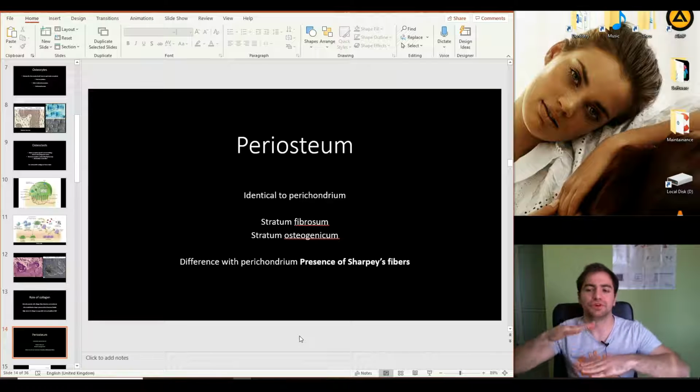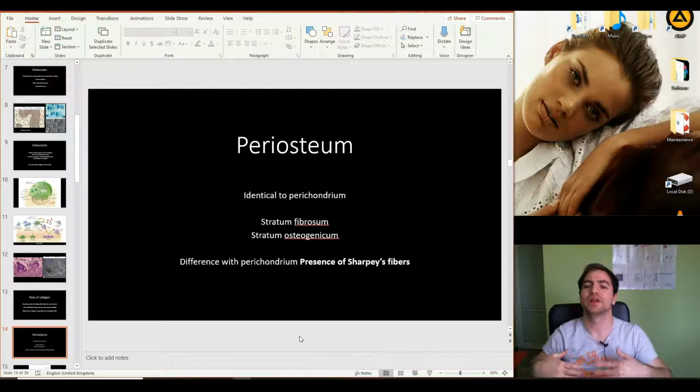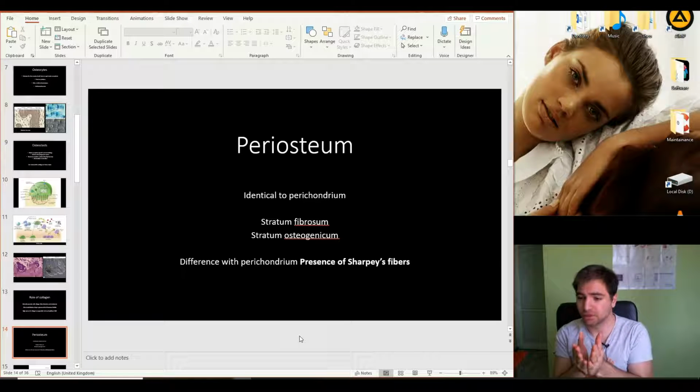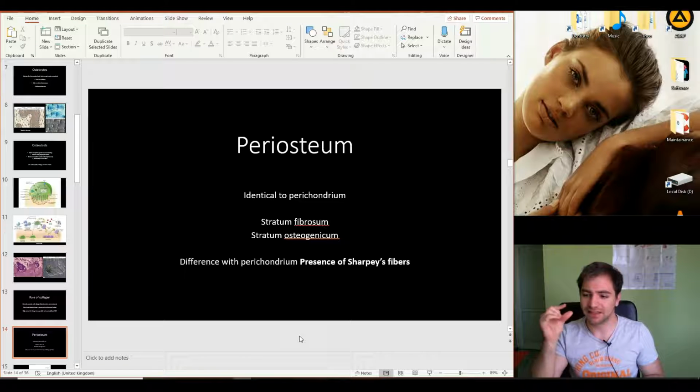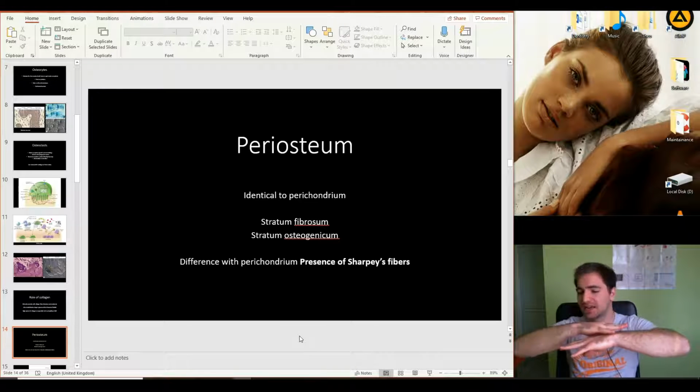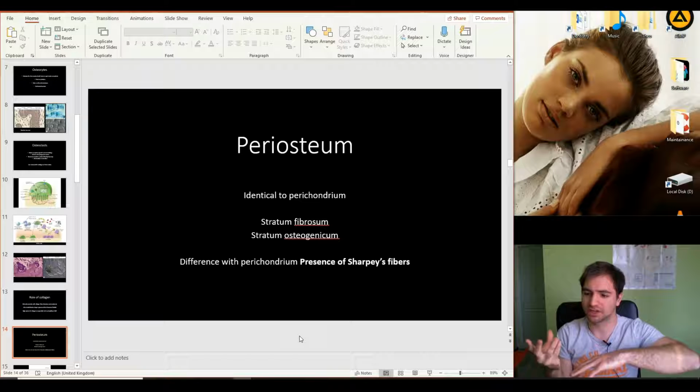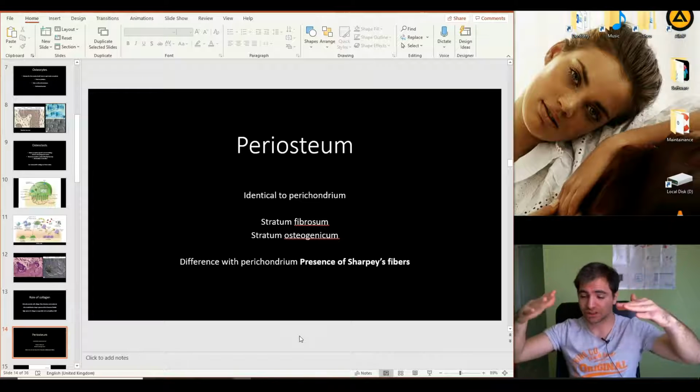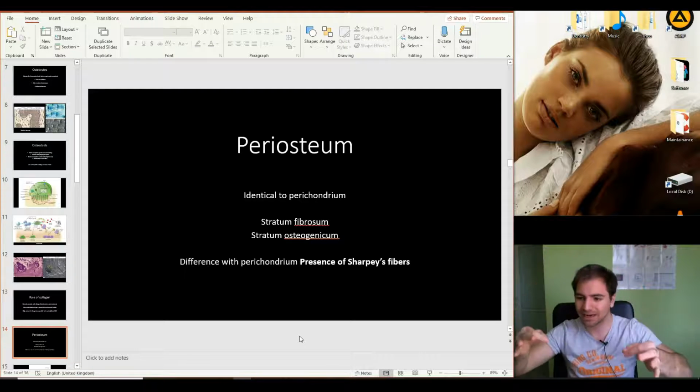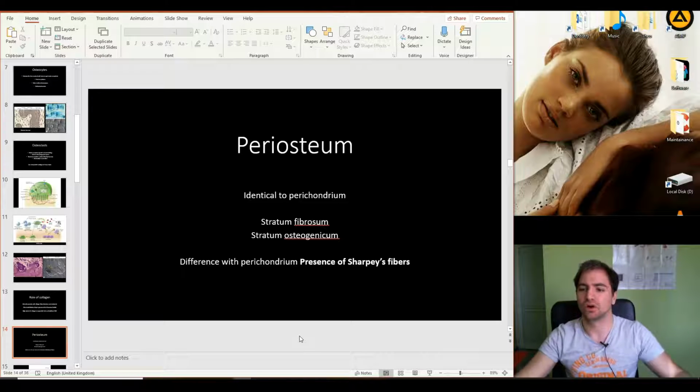The periosteum is very tightly connected to the bone, and this is because we find these unique fibers called Sharpey's fibers. These Sharpey's fibers are again collagen, nothing extreme, but there is one unique feature: they are attached within the hard structure of the bone. So we have the periosteum with its soft collagen, but this collagen attaches the periosteum directly within the bone.